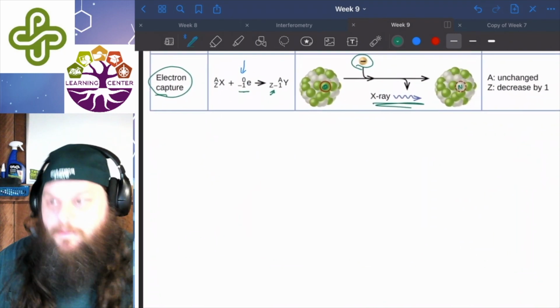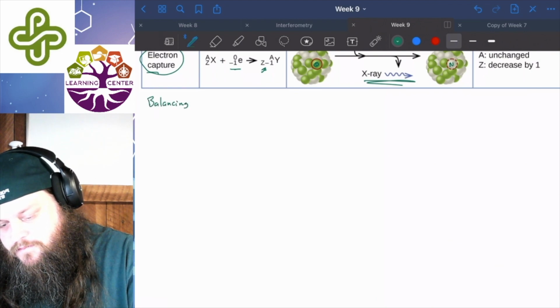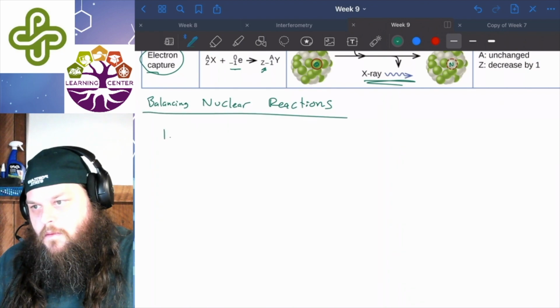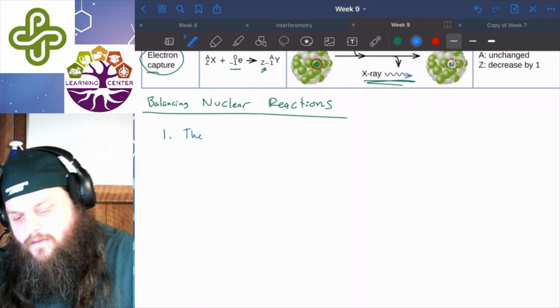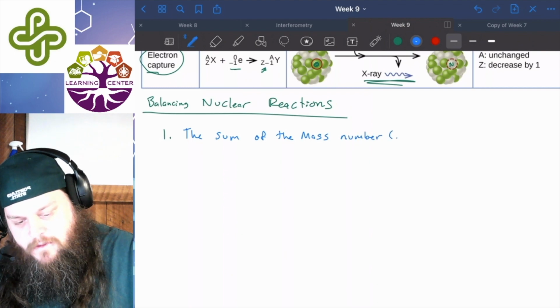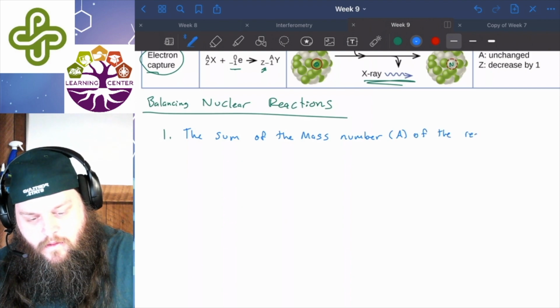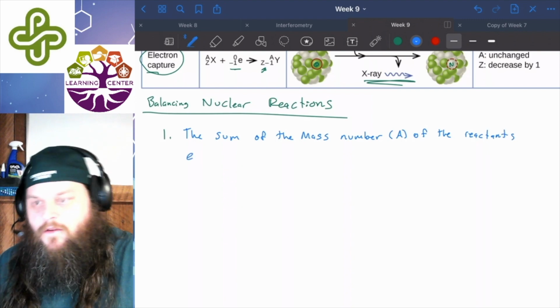So here's a few tips on balancing nuclear reactions. We can say that the sum of the mass number, which is A, of the reactants equals the sum of the mass number of the products.